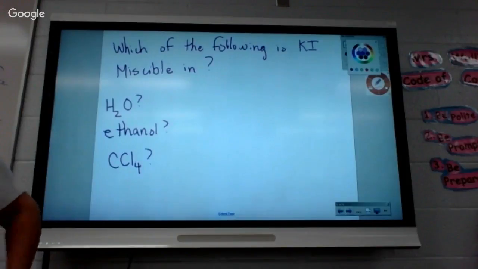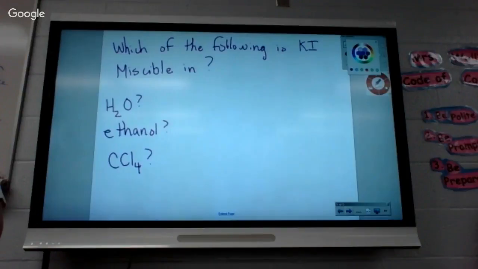Now, in order to do this, all you have to do is figure out what the compounds are. All right? We've studied bonding. You have to be able to figure out what kind of bonds they have. Are they polar, are they nonpolar, are they ionic, are they covalent? What do they have? Okay? So, starting with a question. What does KI say to you?